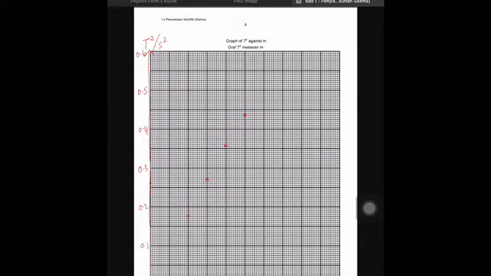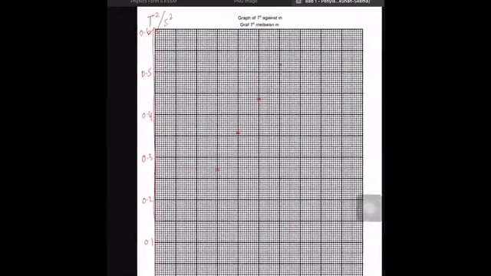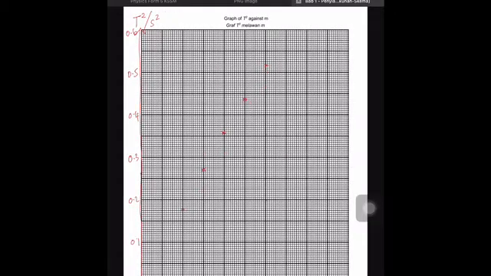So 10, 20, 30, 40, 50, 60, 70, 80, 90, 100, 103. So 103 in between 100 and 110. Over here. So using your ruler, you can get a straight line.